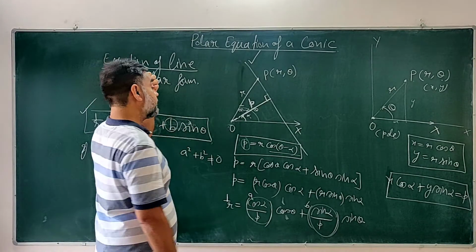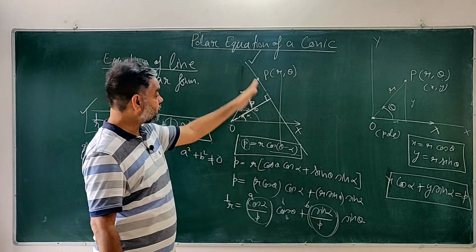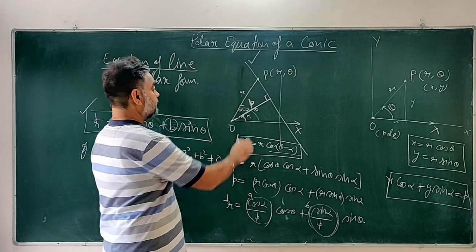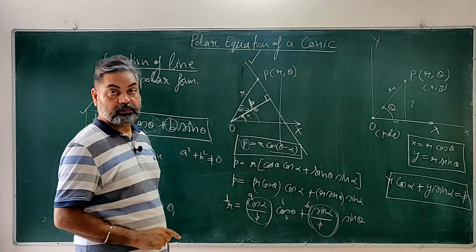And if this straight line is perpendicular to the initial line, then the angle alpha would be either 0 or pi.